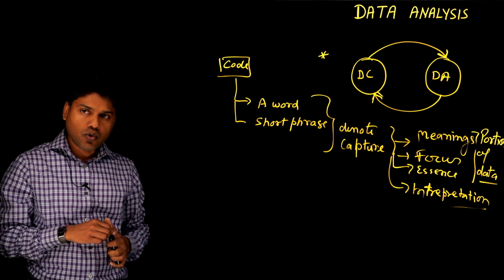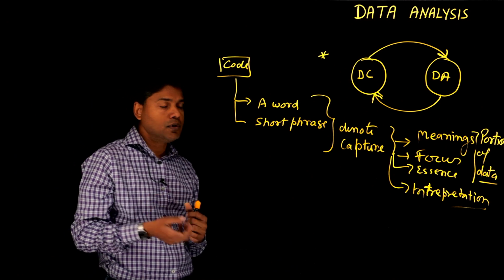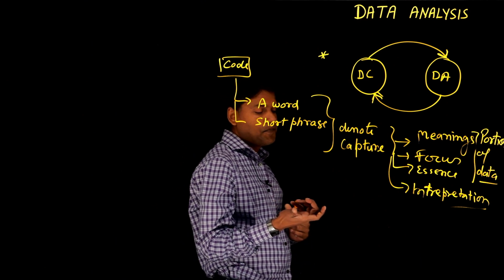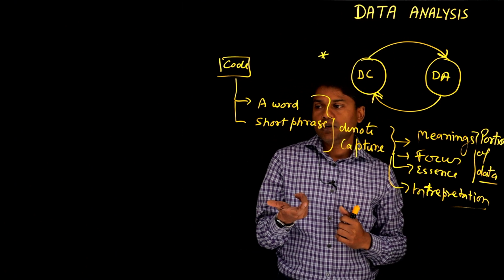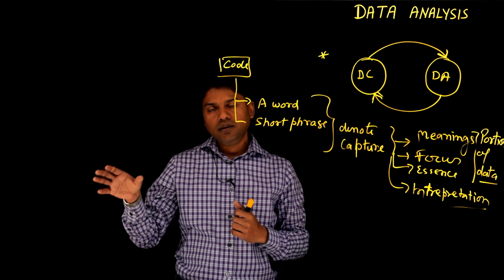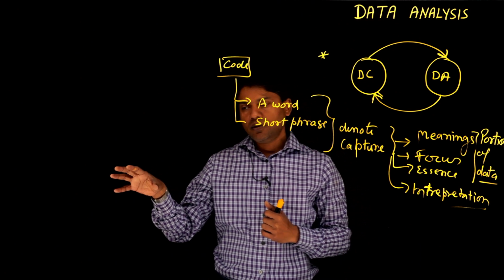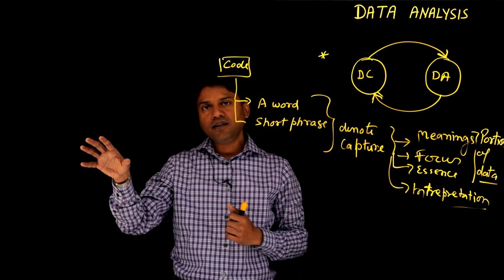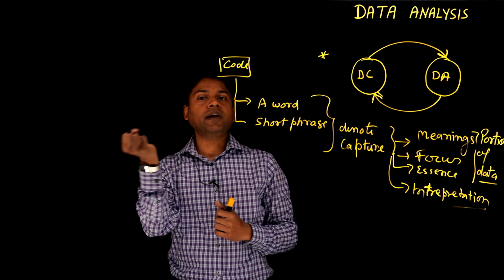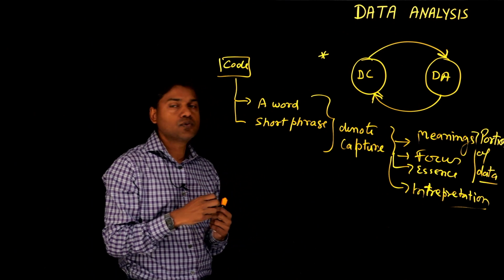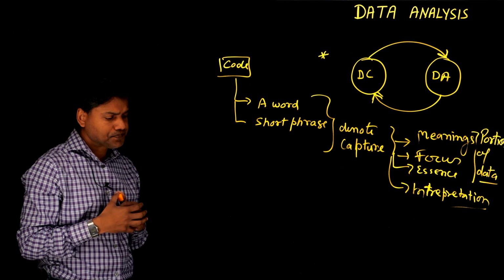So basically a code could be a word or a short phrase that tries to capture the meaning, the focus, the interpretation of what I'm reading and the meaning I'm deriving from it. That's what a code is.